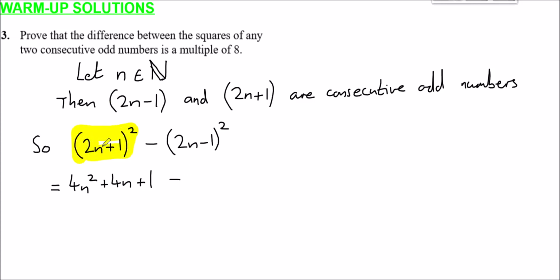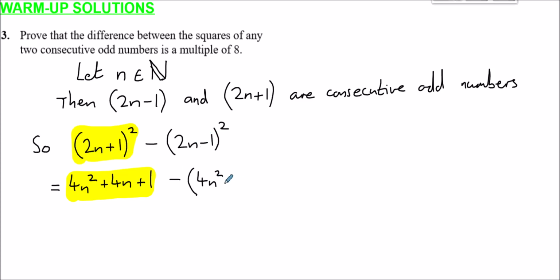So 2n plus 1 all squared we have here. We're now going to subtract away 2n minus 1 all squared. So we're not dealing with negatives everywhere, I'm just going to think of 2n minus 1 all squared here, where we can deal with this minus after. So 2n squared is 4n squared. 2n multiplied by minus 1 is minus 2n.